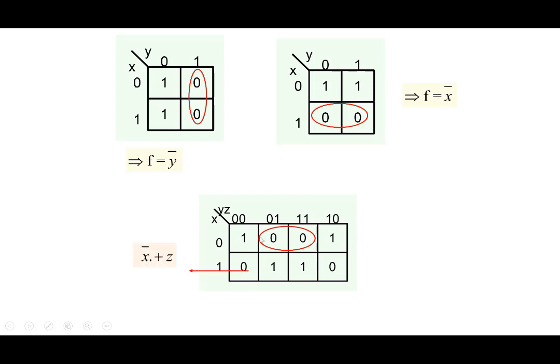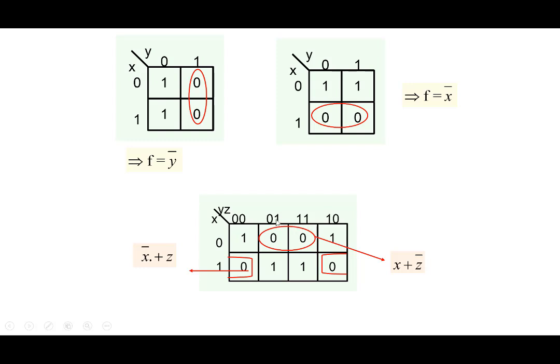And in this case, these two zeros can combine together. This one is x bar and z here, and if you combine them together, then you get x is 0 here, so you write it as x plus z bar here, right?